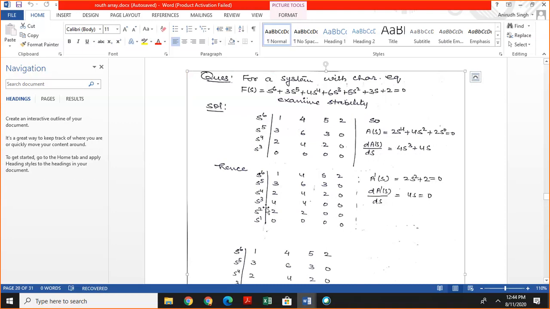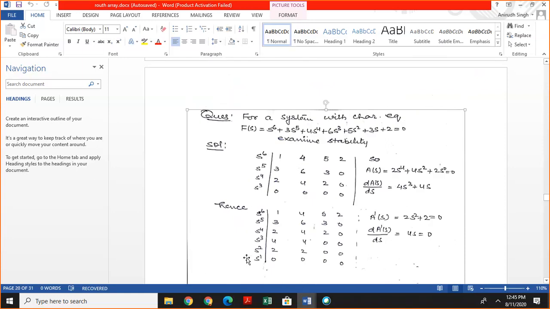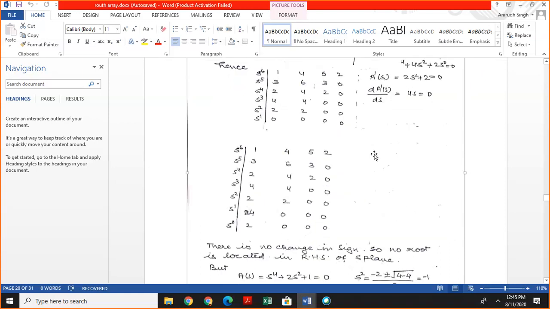This 4 is the coefficient of the s raised to power 1 row, and the coefficient of s naught is 2.